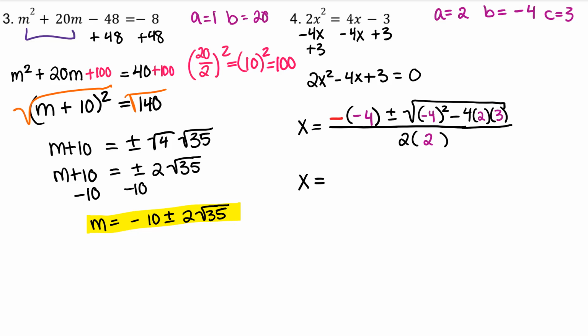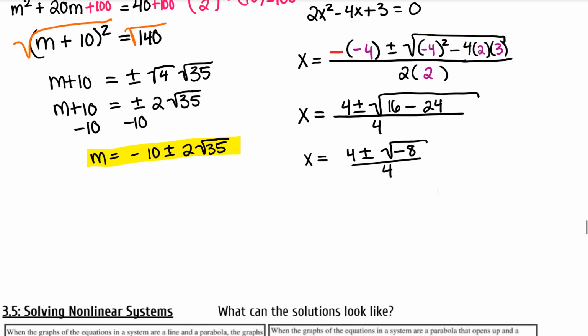Remember, the opposite of b is just changing the sign. So since b is negative, now the opposite of b will be positive. Any number squared should be positive. Root negative 8 can be simplified.